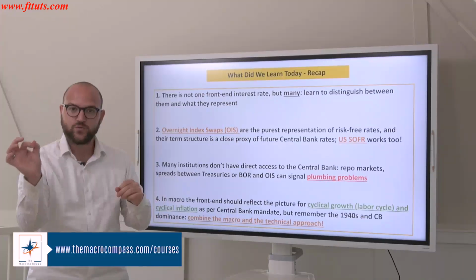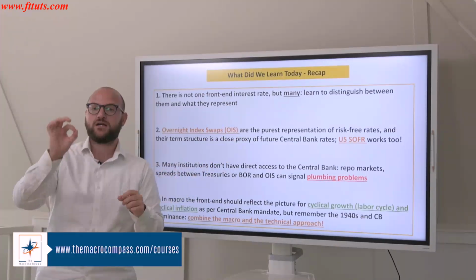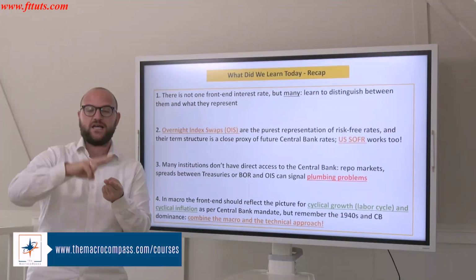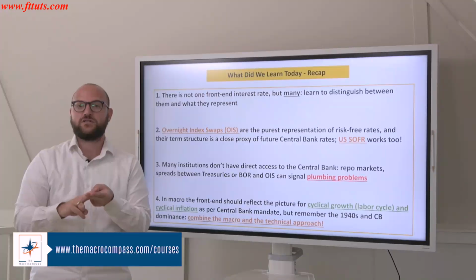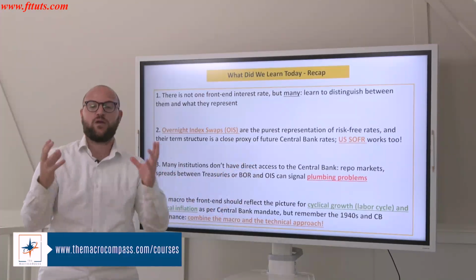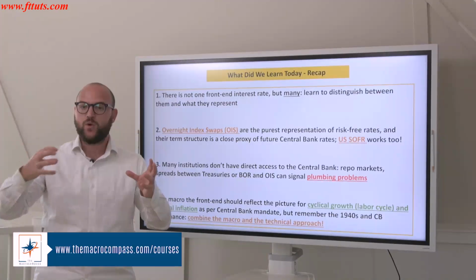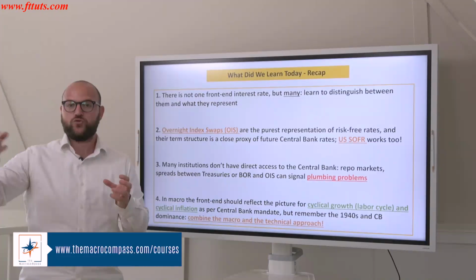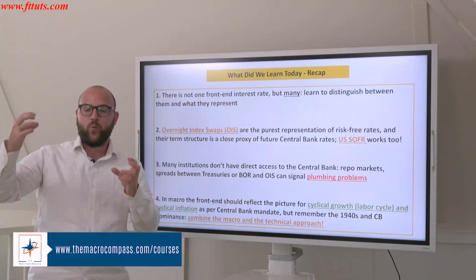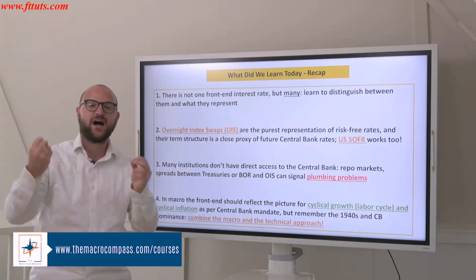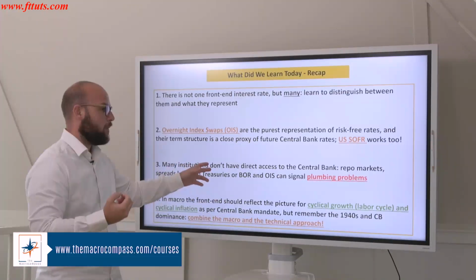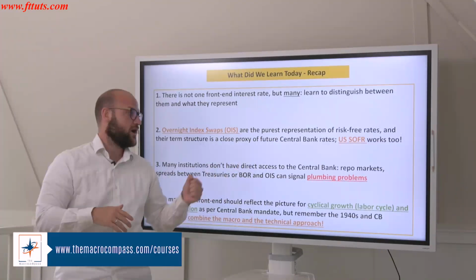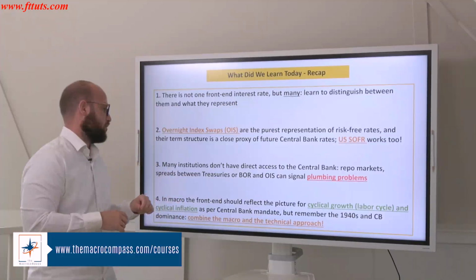But by also tracking the SOFR market, the repo market, the treasury market, and the spread between these instruments and OIS, or Euribor and OIS, for example, in Europe, you can have an idea of plumbing problems that arise when institutions that don't have access to a risk-free rate use other markets to try and generate risk-free rates. When these institutions find these markets a bit harder to access, you will see that popping up in these spreads between these money market rates. So have a look at those, because they can signal plumbing problems.